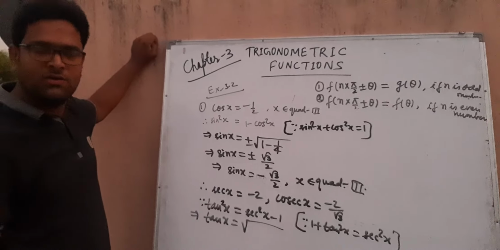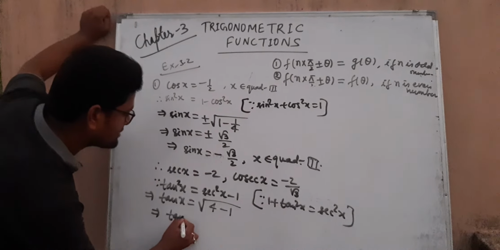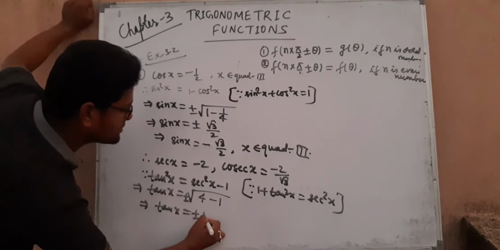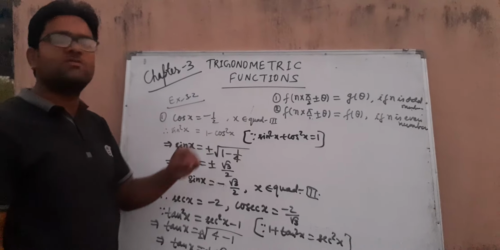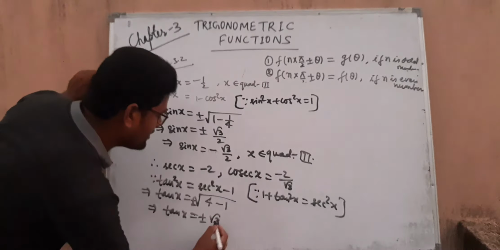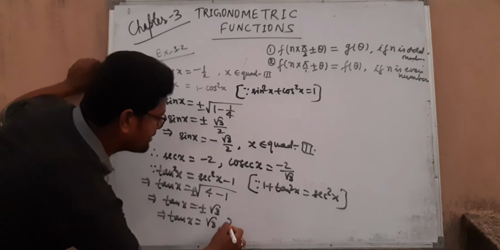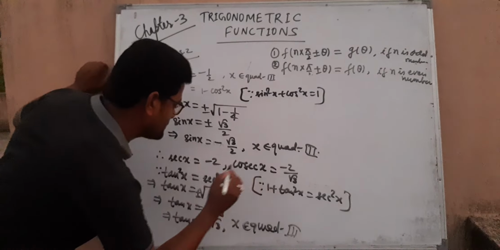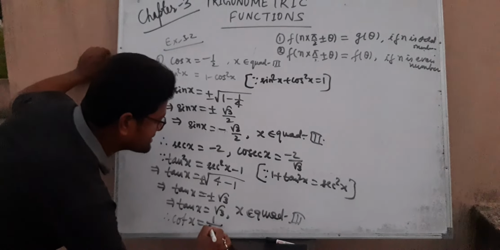Minus 2 whole square is 4, so that is 4 minus 1. So tan x is equal to plus minus root 3. Now we will see the quadrant. Here the quadrant is the third quadrant, and in the third quadrant tangent and cotangent functions are positive. So tan x is equal to root 3, because x belongs to quadrant 3. And therefore cot x is equal to 1 by tan x, that is 1 by root 3.